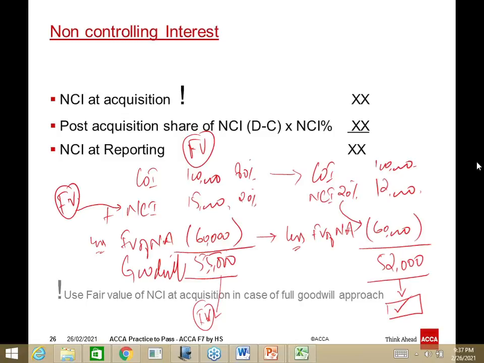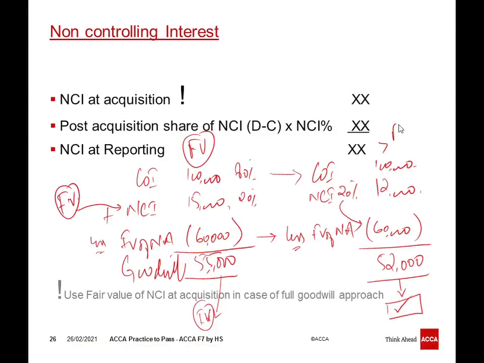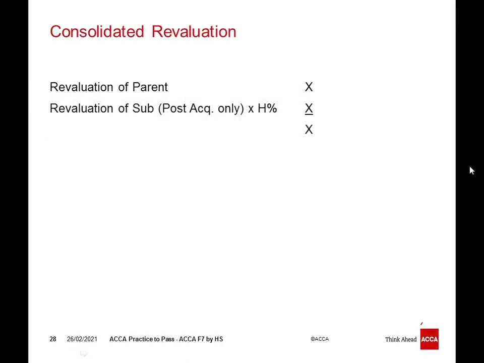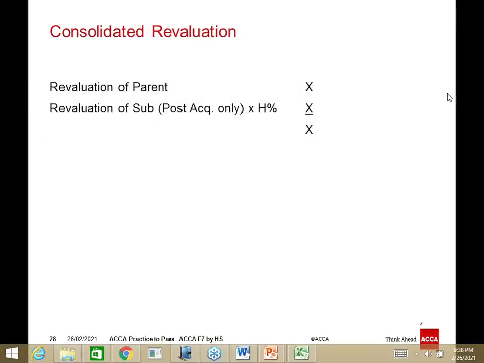NCI will be reported on the face of the balance sheet. The answer that you have calculated here will be reported in the balance sheet directly. Goodwill impairment will also be deducted, yes, but it has nothing to do with this calculation.